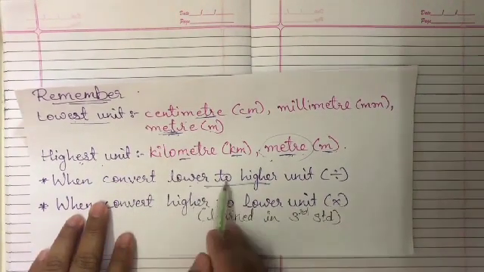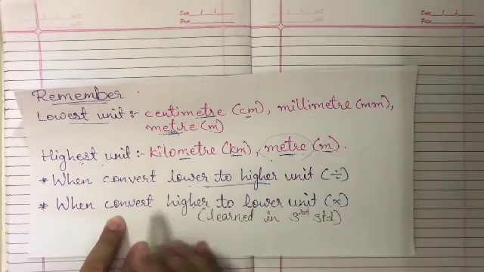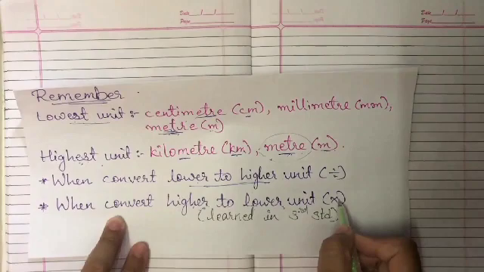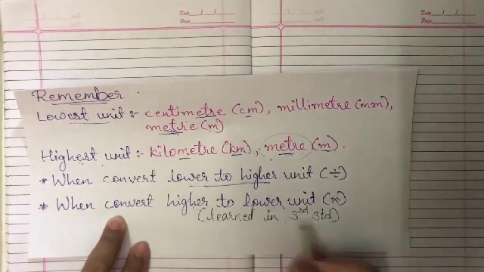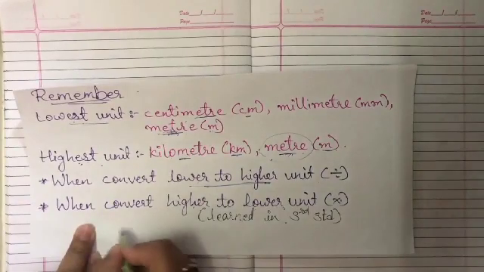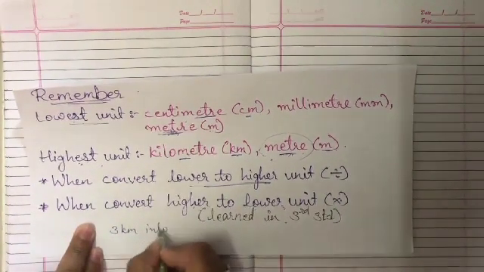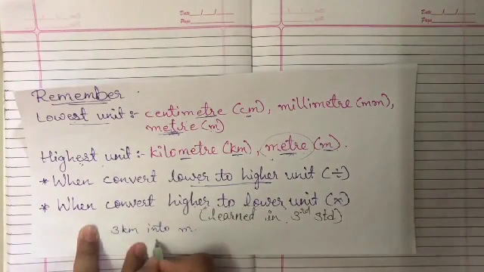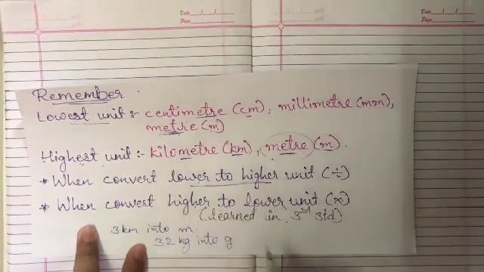Now let's see this. When we convert lower unit to the higher unit, we have to do division sums, and when we convert higher to the lower unit, we have to do multiplication sums, which we have already learned in our 3rd standard. For example, 3 kilometer into meter we have converted, or 32 kilogram into gram.